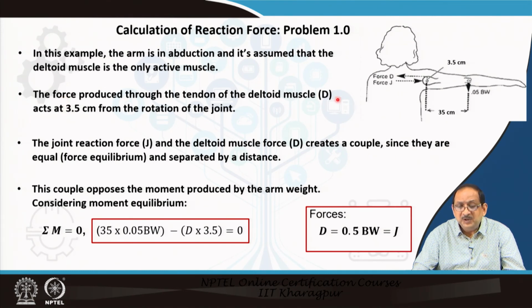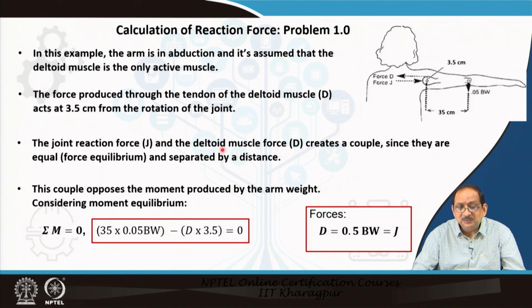So, we designate D as the force in the deltoid muscle as indicated in the figure. The joint reaction force is indicated as J.